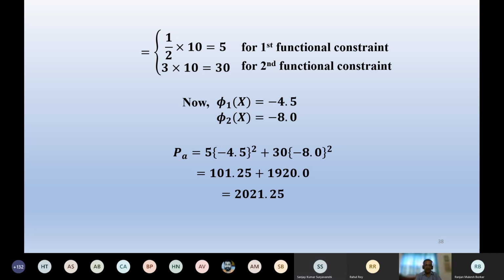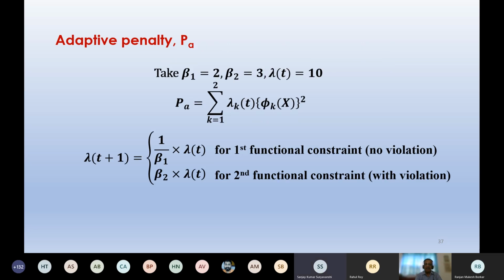Are you getting my point? The way I have written that expression, you can see that if you want to put less penalty for a valid solution and more penalty for an invalid solution, then beta 1 and beta 2 ought to be greater than 1. Now you can see this expression.